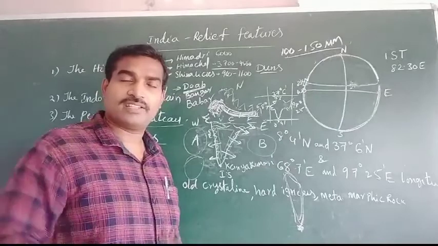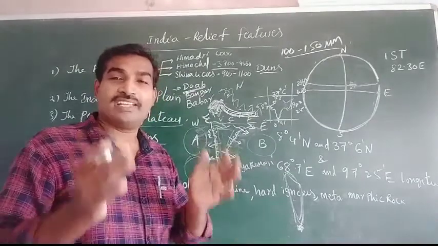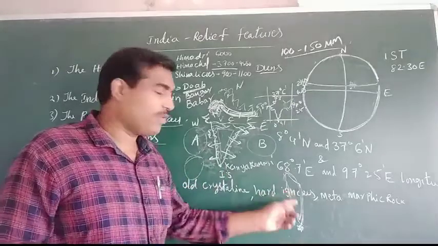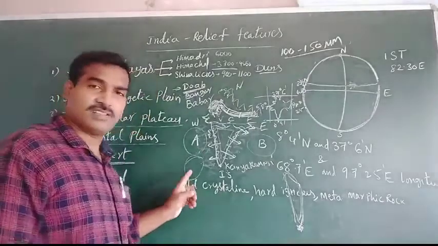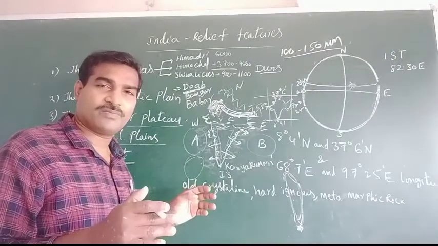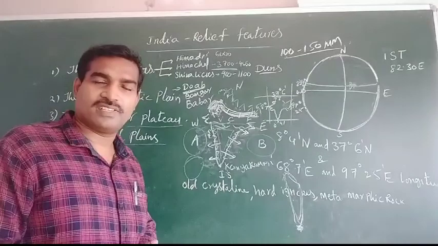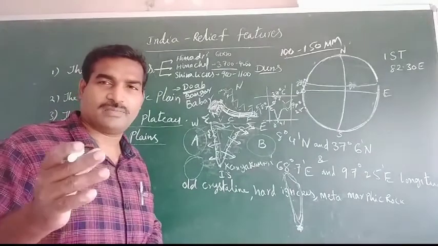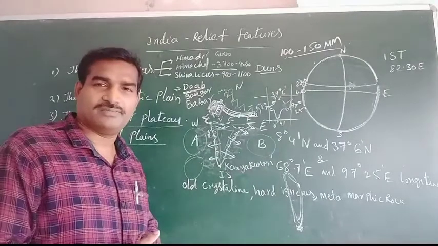Andaman Nicobar Islands are mainly formed by volcanic origin. And these Lakshadweep Islands are mainly formed by coral reefs, which means it is mixed with the animals and plants, kind of some material.